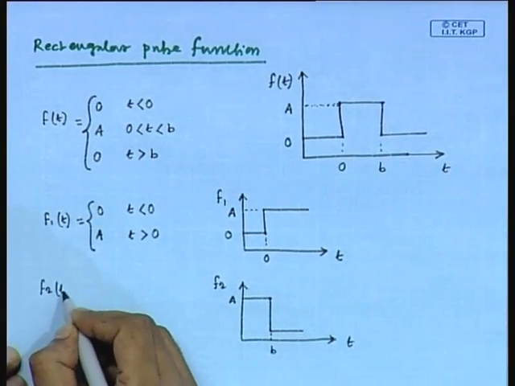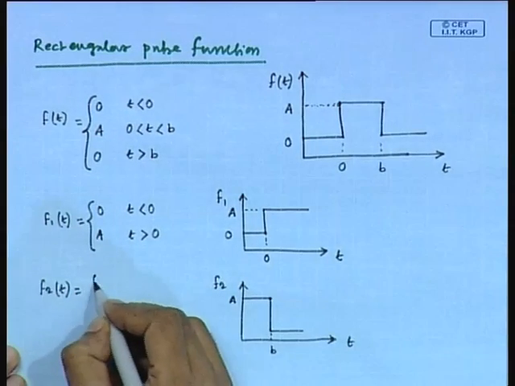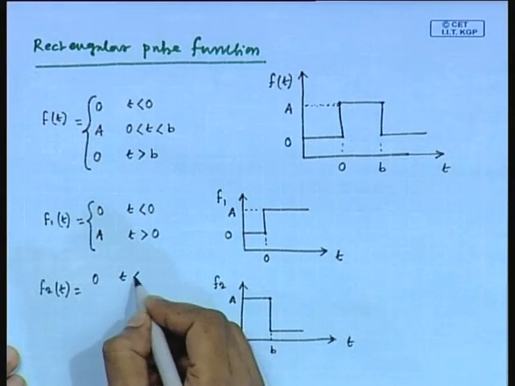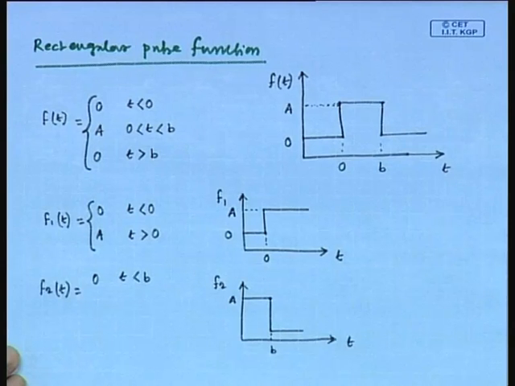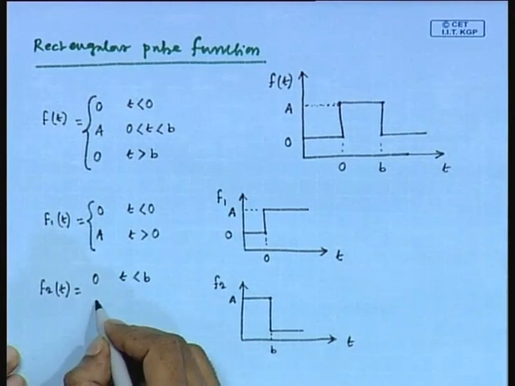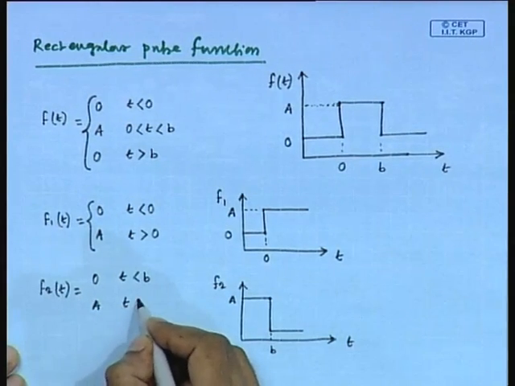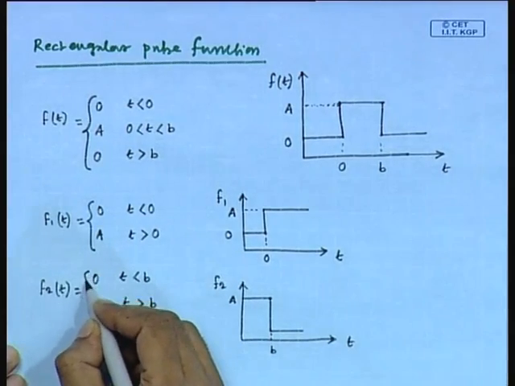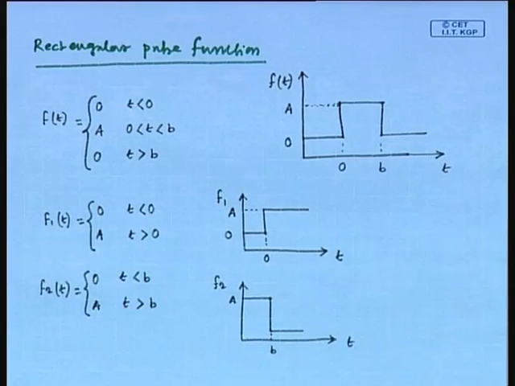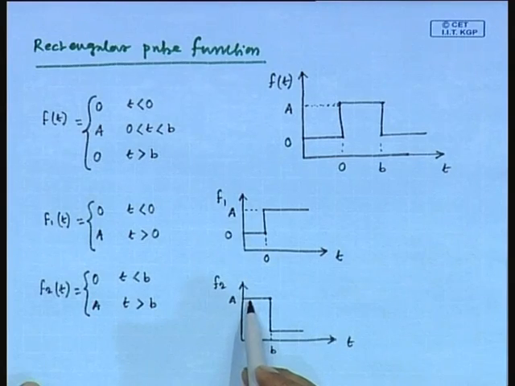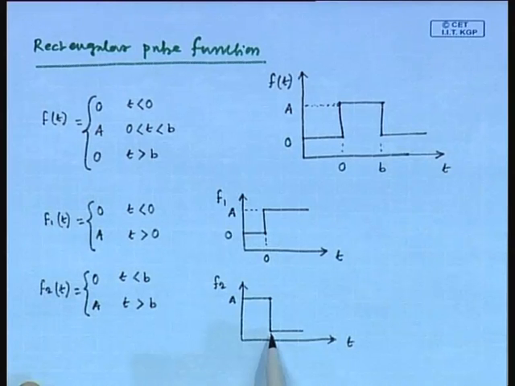So, f2 t equals to 0 when t is less than b, f2 t equals to a when time is greater than b. Can we write this for the second function f2? Initial value we are considering 0 and this we are considering a.